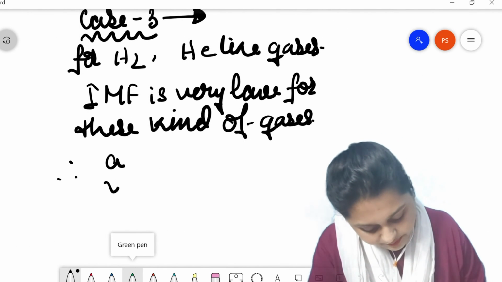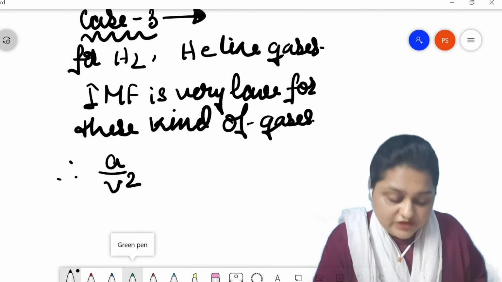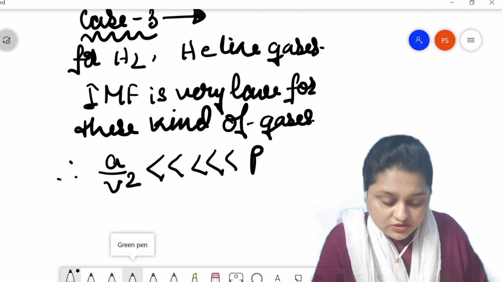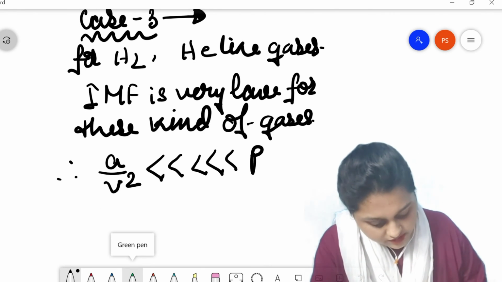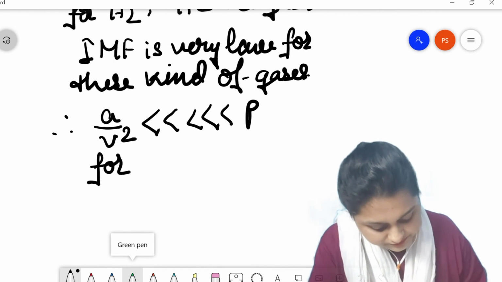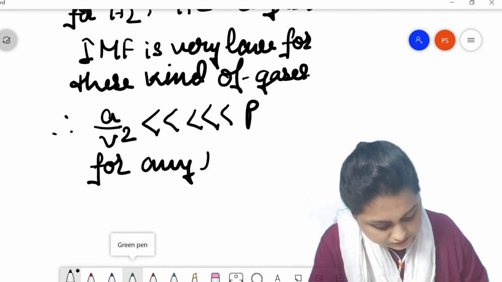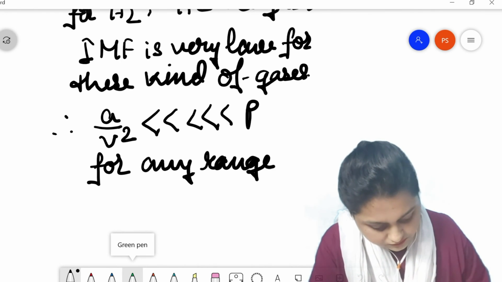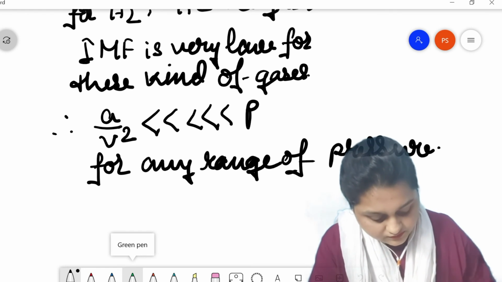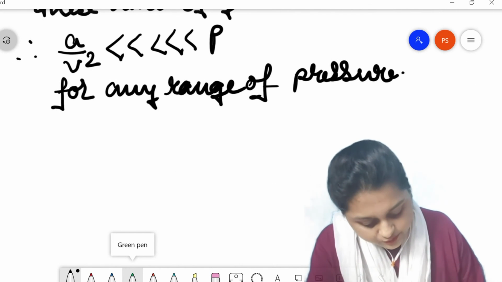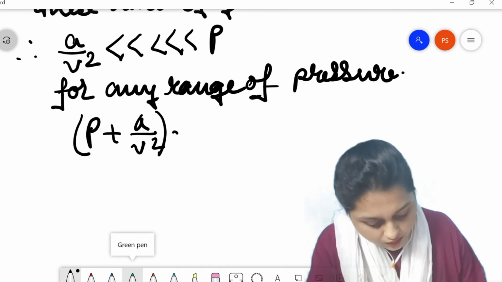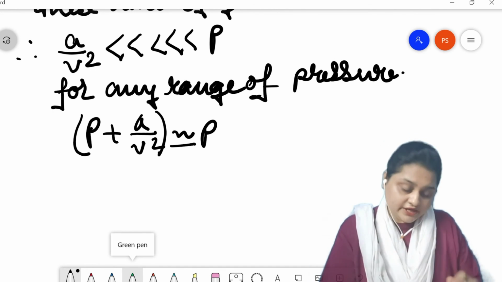Therefore, the magnitude of A by V square becomes very negligible compared to the pressure value for any range of pressure. This will result in P plus A by V square almost equal to P for any range of pressure.